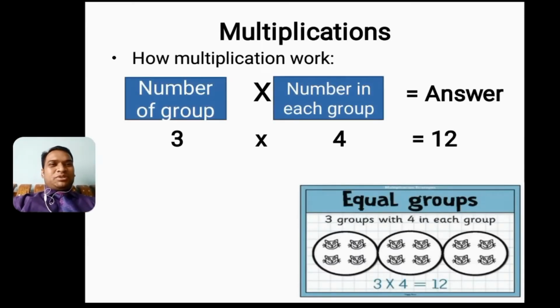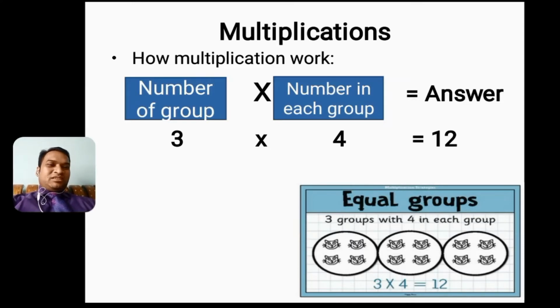Okay, now come to multiplication. In multiplication, we need to know first how multiplication works. The number of groups, when we multiply with the number in each group. Like here are 3 groups in this picture.